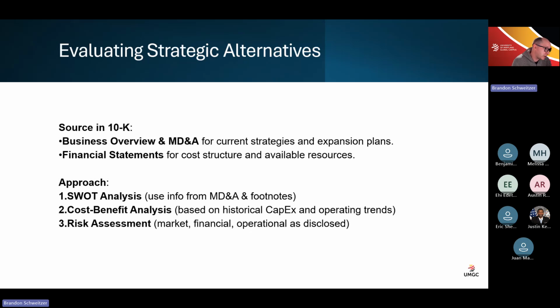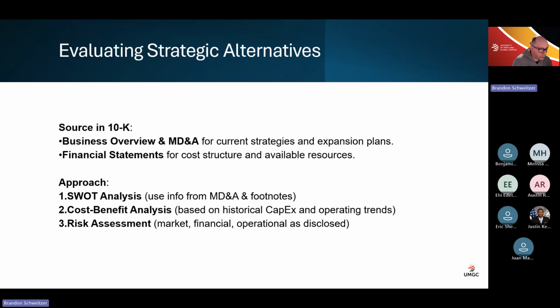I would encourage you to look at the outlook and future plans sections in the management discussion and analysis section in the 10K report for what management's thoughts are when it comes to their strategy and plans for growth.